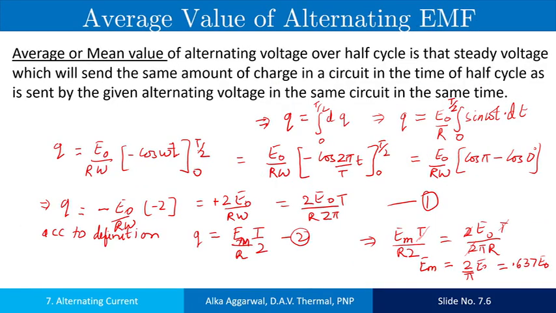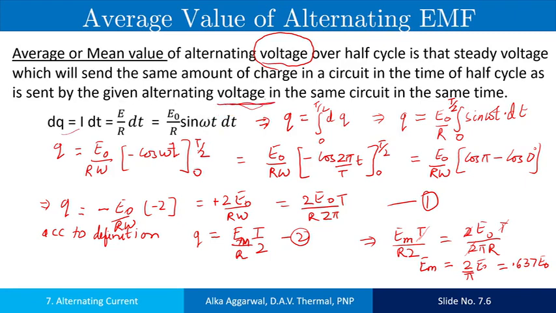Similarly for the voltage, in place of current we use the word voltage and the rest of the definition is the same. Wherever the word is current we are using voltage, right? And the same is the derivation. You know I is equal to dq by dt, so dq is equal to I into dt.